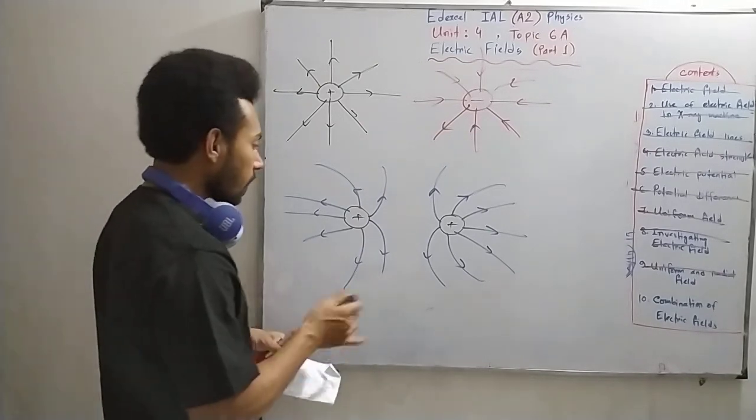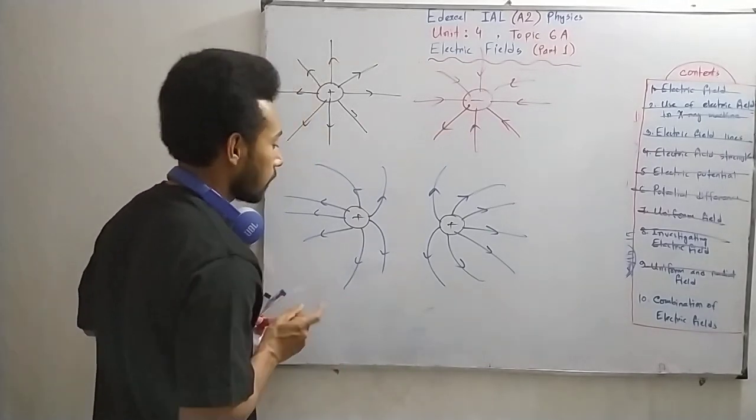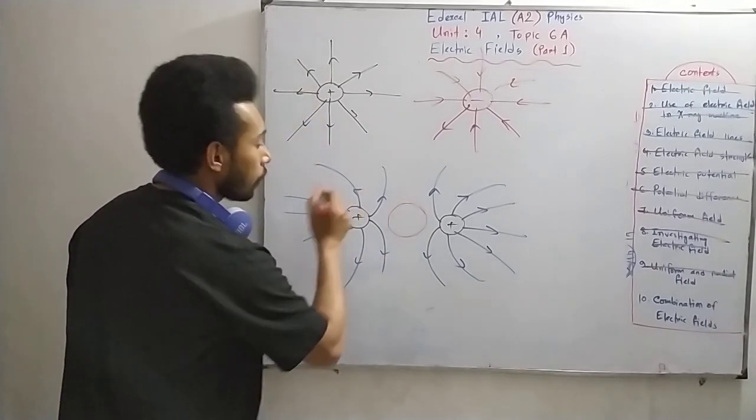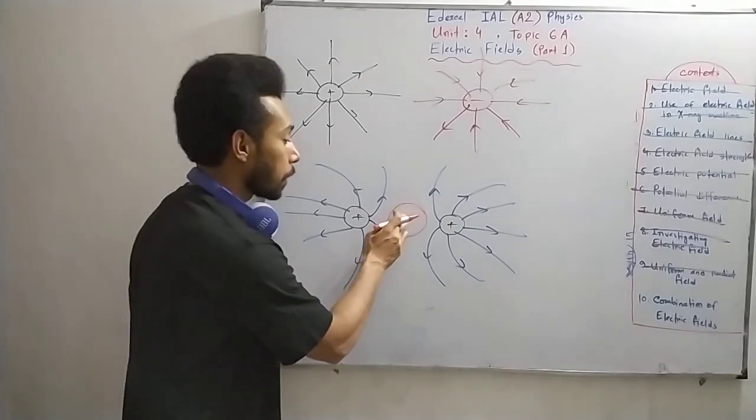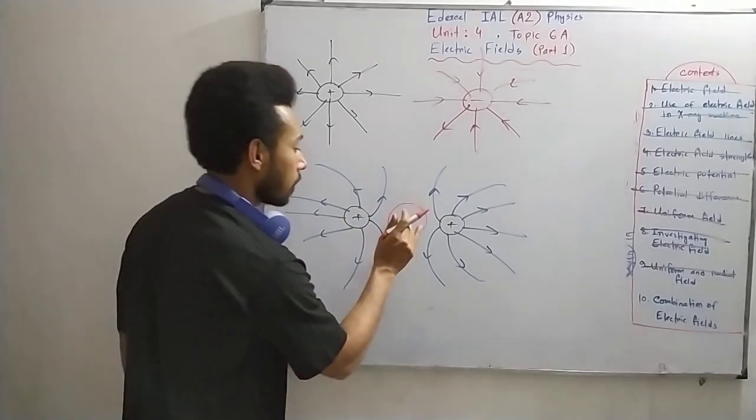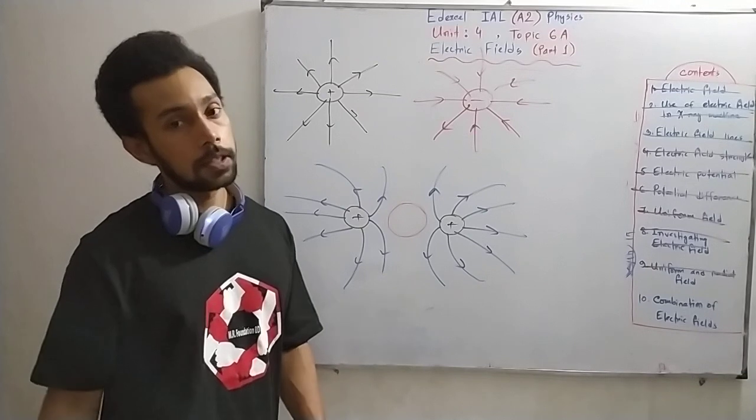Okay, and in this location, look, there is no field line, so there is no field strength there. This is a neutral point, and the field strength at this point will be 0.